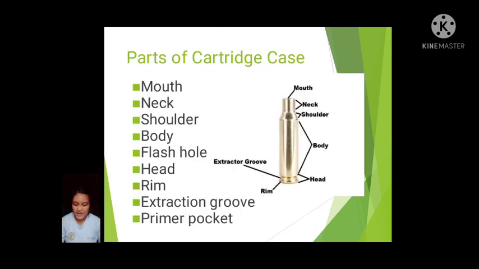Next, we have the different parts of cartridge case, for example the mouth, neck, shoulder, body, flash hole, head, rim, extraction groove, and primer pocket. Extraction groove, kung saan kinakawit kumbaga ni extraction pin yung cartridge palabas kapag ito'y puputok na.